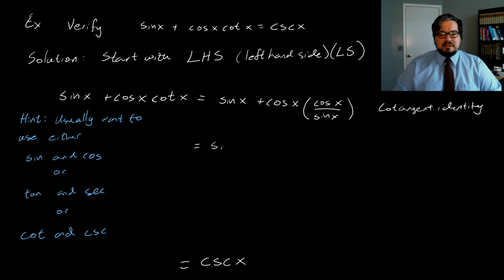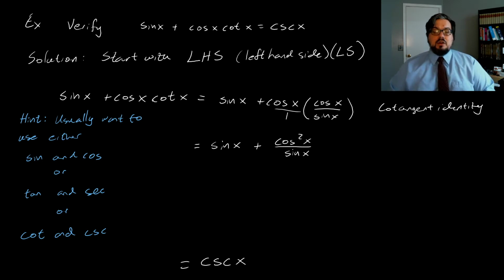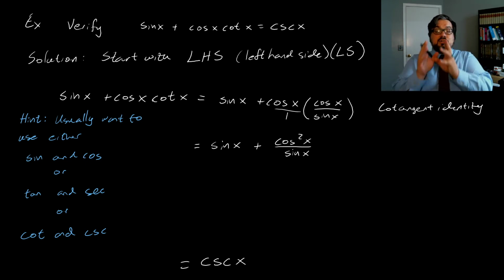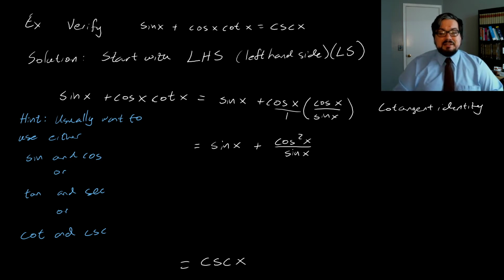Okay, so let's see what that gives us. That'll give us sine x plus, now cosine times cosine over sine gives us cosine squared x over sine x. We're trying to prove that this whole thing equals just cosecant. In particular, we're trying to get down to just a single term, which means that we want to combine these two fractions.